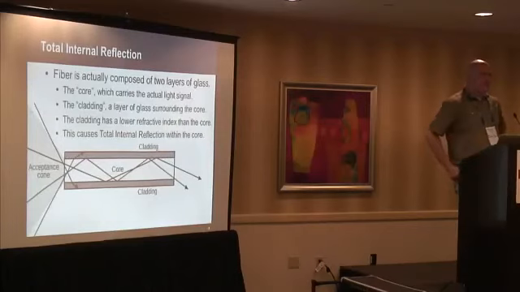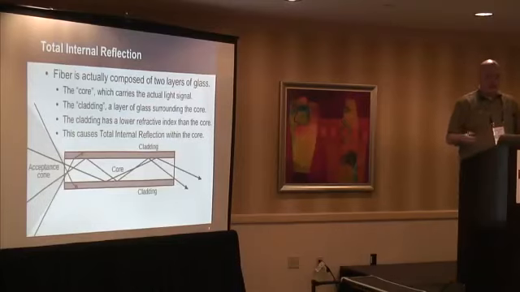So fiber is actually composed of two different layers of glass. The core, which is what actually carries the actual signal, and then the cladding, which is a different type of glass around the outside of the core, and that causes the reflection back in. So you have what's called refractive index, which is just a measure of how quickly light passes through the fiber.